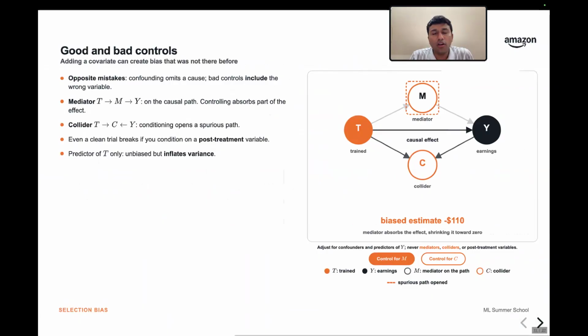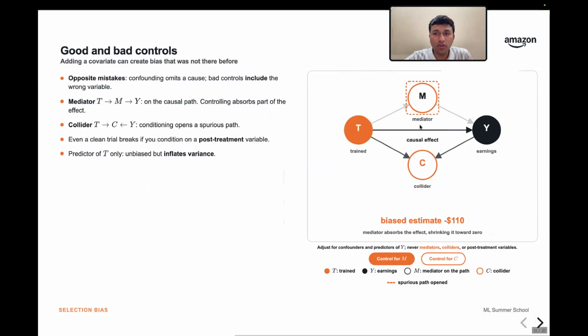A mediator, as you guys have learned before, is basically a variable through which the treatment has some effect on the final outcome, which is earnings, right? So if you end up balancing for the mediator, you will essentially remove the effect that the treatment has, because that is the only path that the treatment has to reach the final outcome, that is through the mediator.